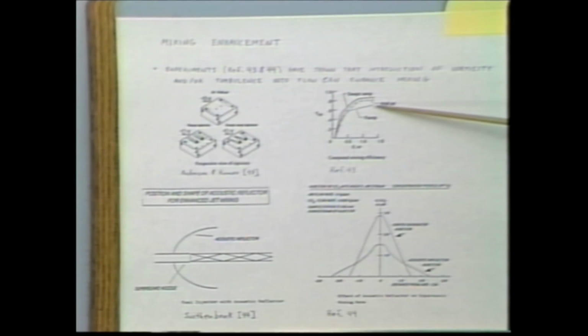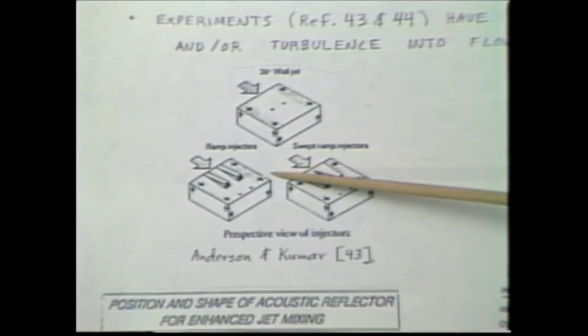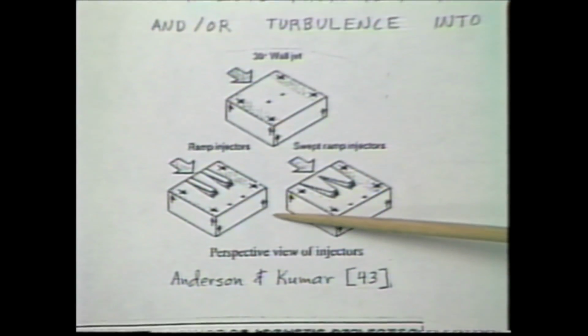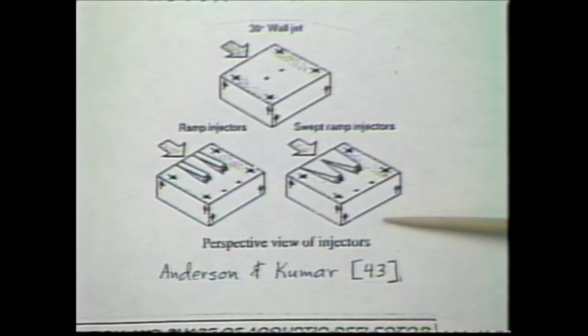Dr. Lewis mentioned mixing enhancement and the introduction of vorticity through shocks. There are also other ways of doing it shown in the literature. Bert Northam at NASA Langley has introduced swept wedges, where the flow coming off of these swept wedges introduces vorticity, and is shown to the right in this mixing efficiency.